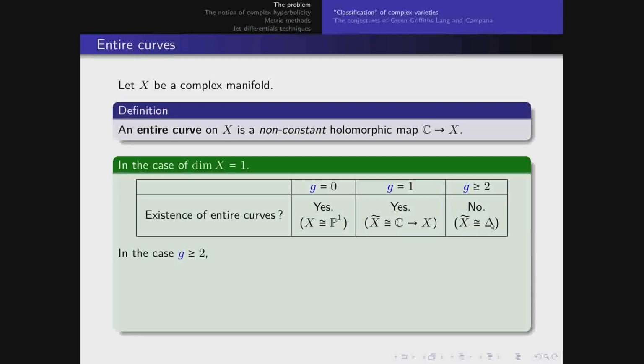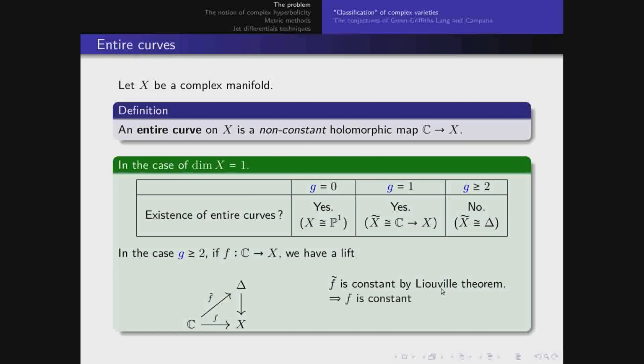So if you assume you are given a projective curve of genus at least 2 and a map f from C to your manifold, then you can lift this map to the universal cover by the universal property of the universal cover, and you get a map f tilde from C to the unit disk, which is holomorphic but also bounded, since the disk Delta is a bounded domain inside C. So f tilde is holomorphic and bounded, so it will be constant by Liouville's theorem. And you get that f is constant, so f is not an entire curve according to this definition.